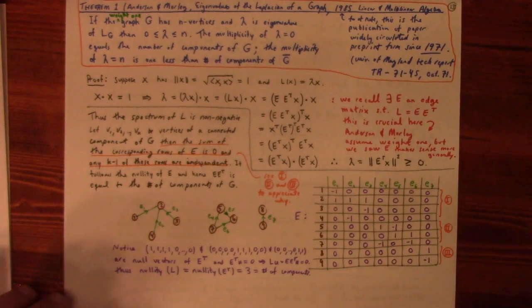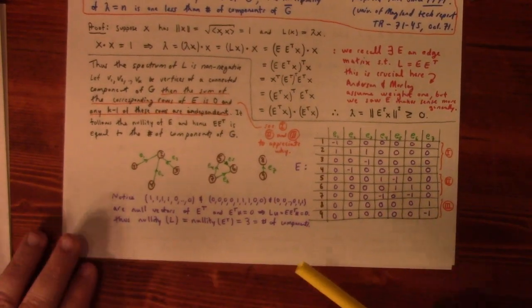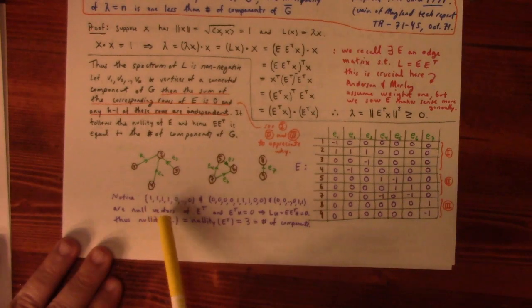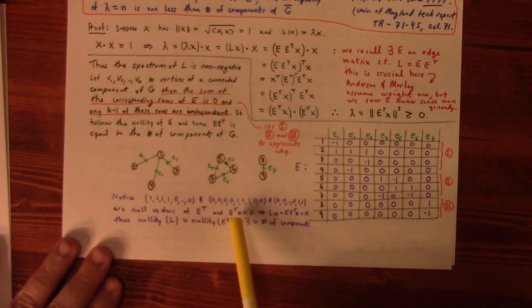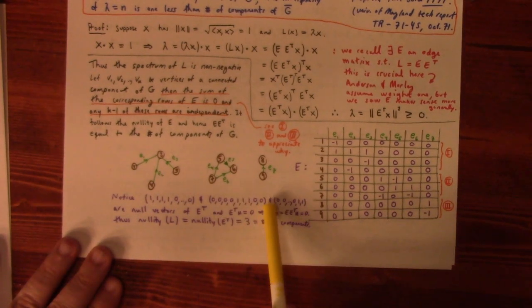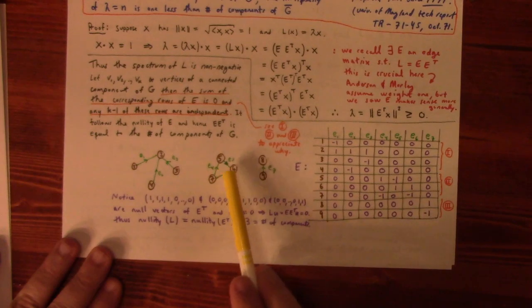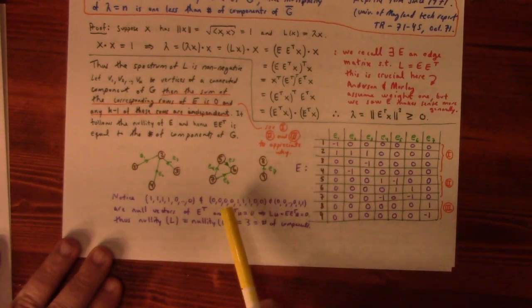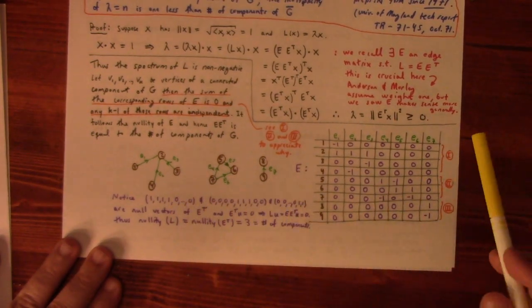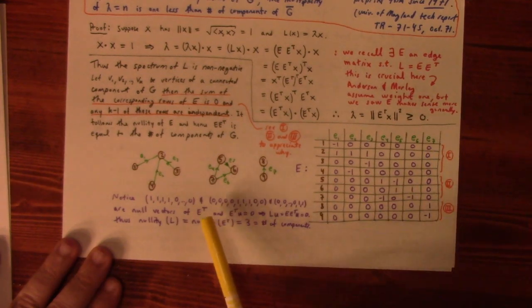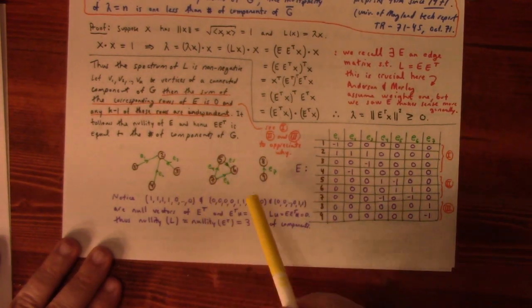But more to the point, I would point out that if you look at 1, 1, 1, 0, 0, 0, or 1's in the middle but 0's on the outside, or 1's at the end and 0's before, then this corresponding to that, that corresponding to that, these are null vectors for E transpose. And I invite you to check that.